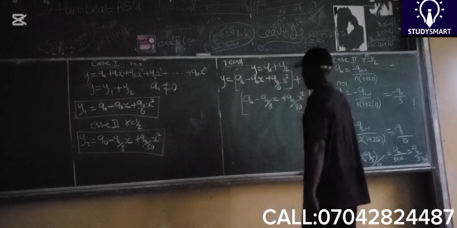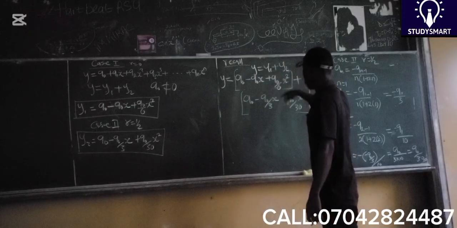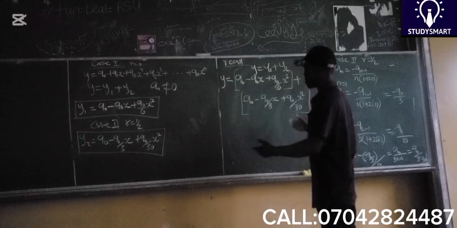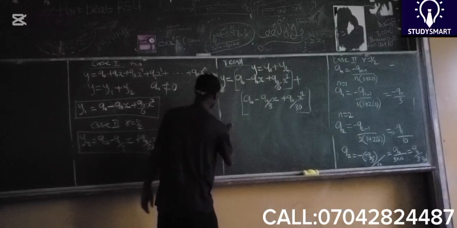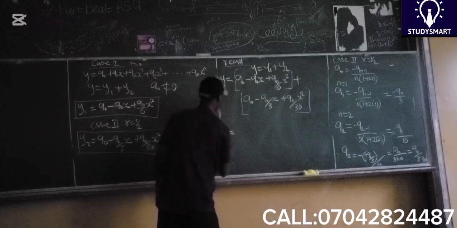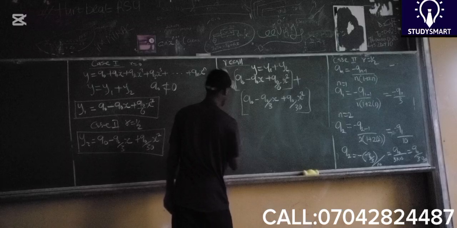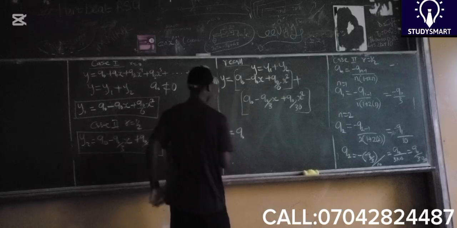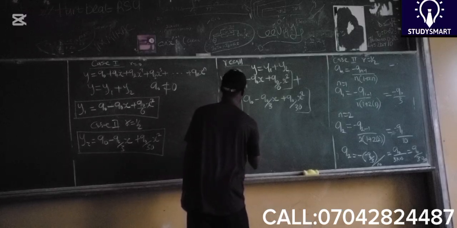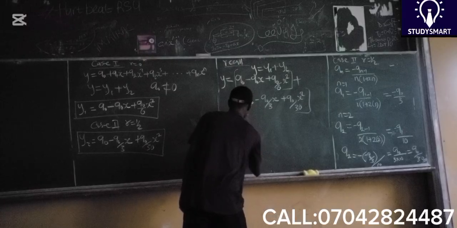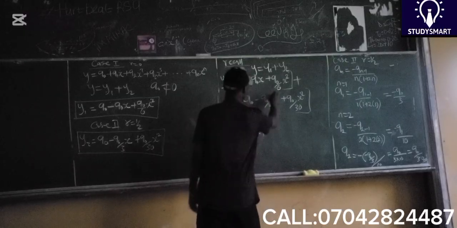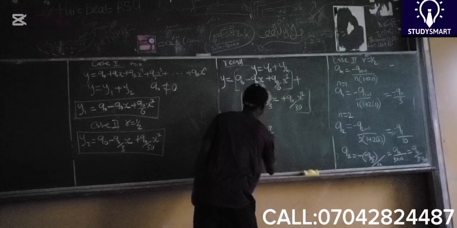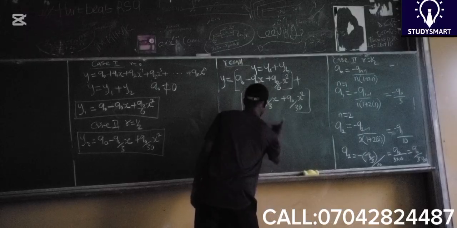And this becomes my Y2. So you can see that a naught is common for both cases here, so I can decide to factor out a naught. So y should be equal to a naught, where a naught here becomes 1, and I'm left with minus x plus x squared over 6.